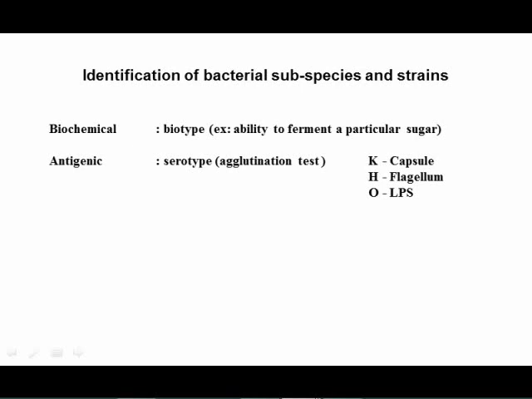Then you might want to know whether it's the same bacterium in the people who got sick and in the dodgy mayonnaise. So in order to do that, you'd want to get the species identification and the subspecies identification. And this would generally be done by serotyping. Okay.